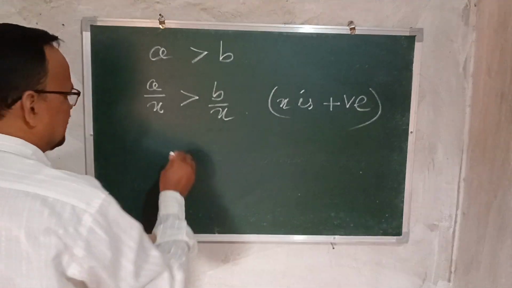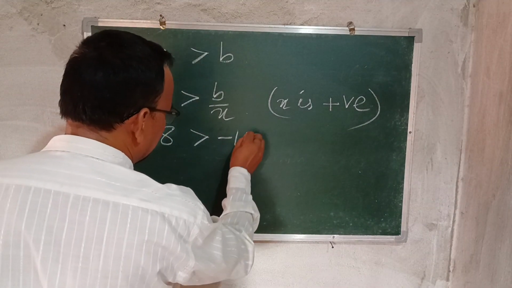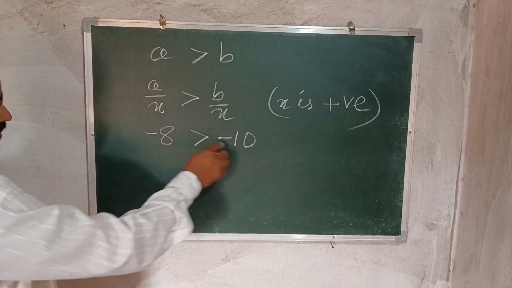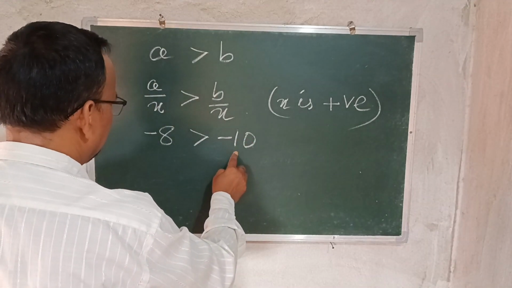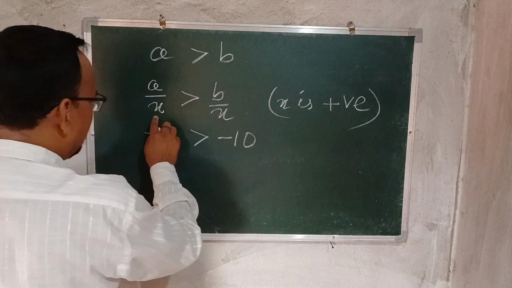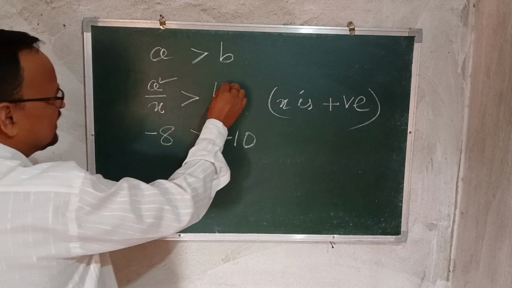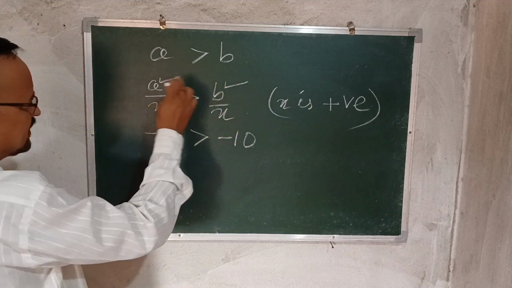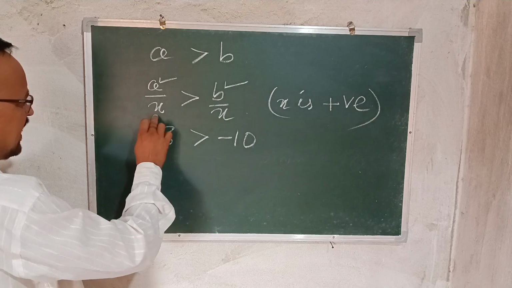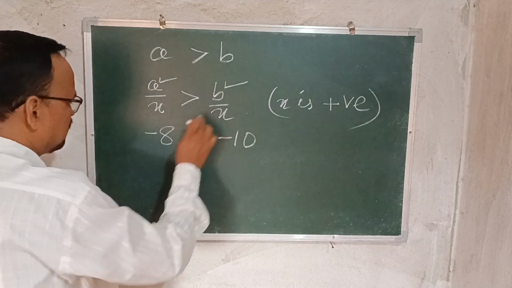Let us take an example: minus 8 is greater than minus 10, and suppose x is 2, a positive integer.